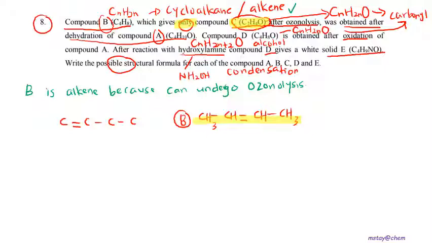Then, because B undergoes ozonolysis, the structure C will be CH3CH=O, the carbonyl compound.